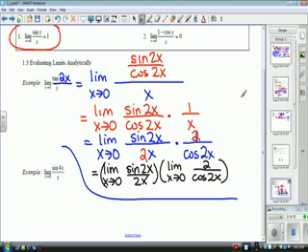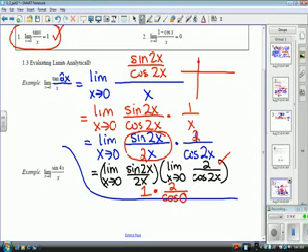So what is the limit of this stuff right here? Based on this theorem, exactly right, it is 1. How am I going to do this limit? Substitution. So I have 2 on top. I'm going to substitute 0 into the x, and I need to know what cosine of 0 is.